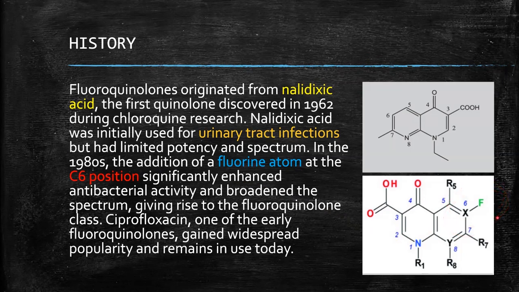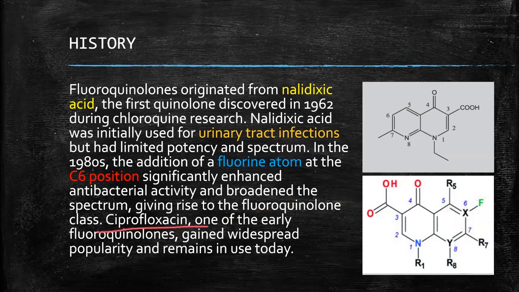After the addition of the fluorine atom to the quinolone ring, it becomes a fluoroquinolone. So basically, there is one difference between the quinolones and the fluoroquinolones: if we add the fluorine atom at the 6 position of the quinolone, then it becomes a fluoroquinolone.